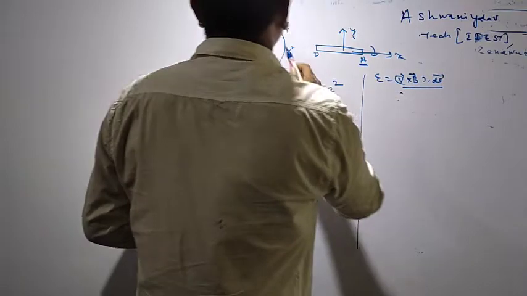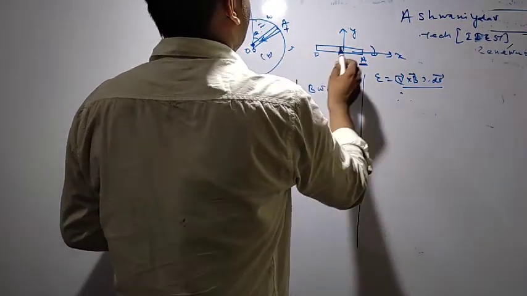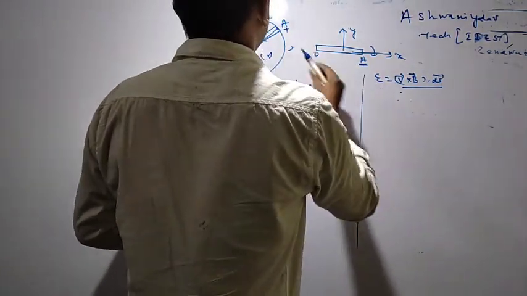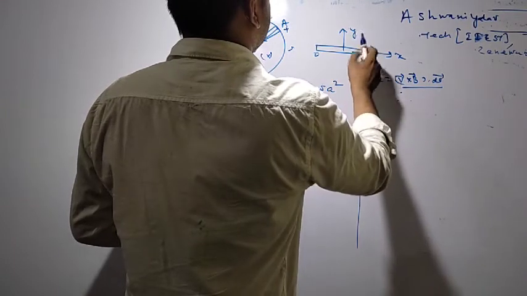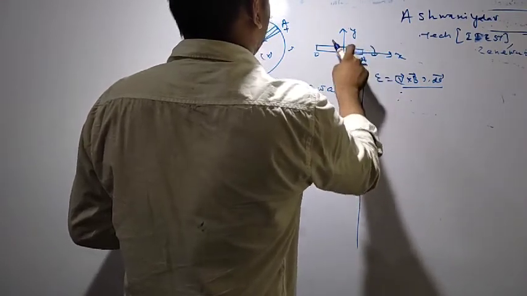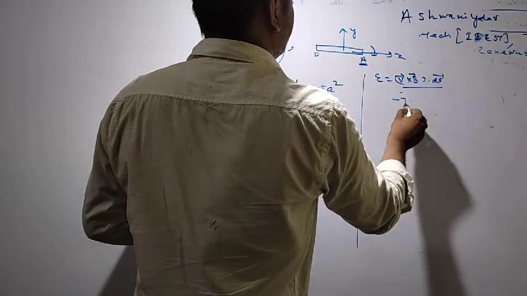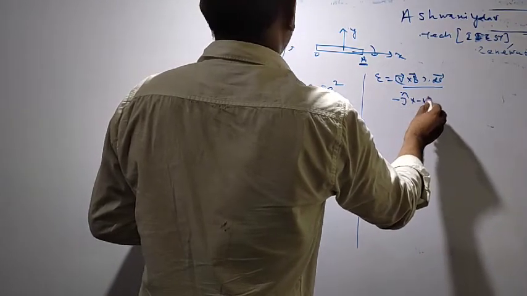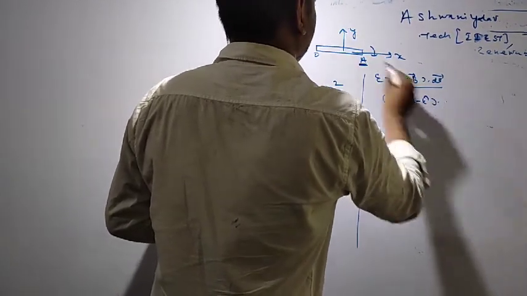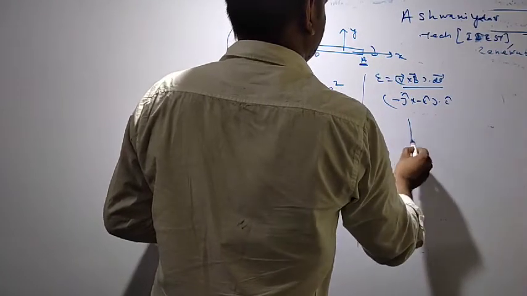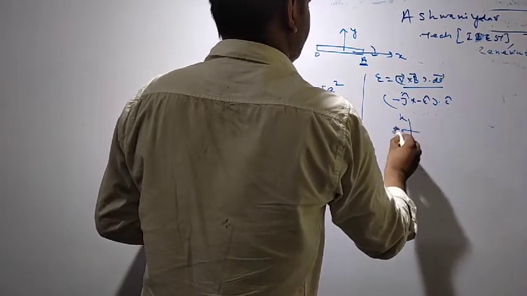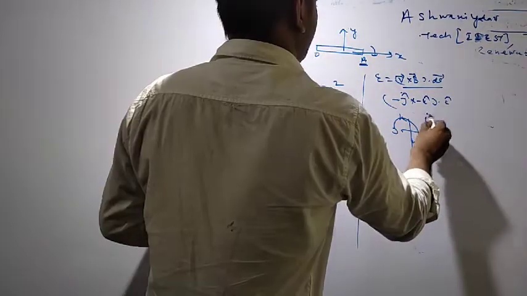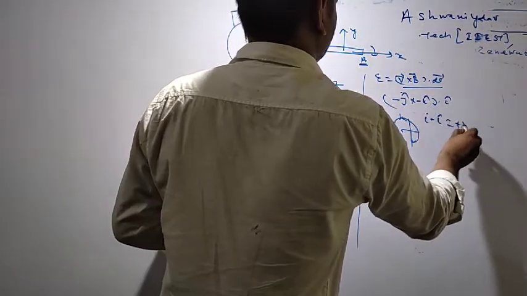If you consider Y, then the velocity is like this, or negative j. You can consider this, then minus k dot dl is i, then i j k, j cross k is i, a positive quantity.